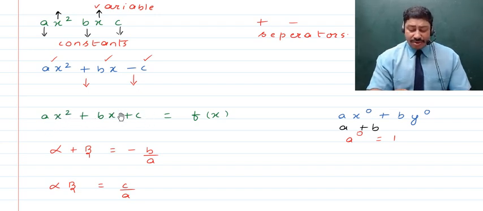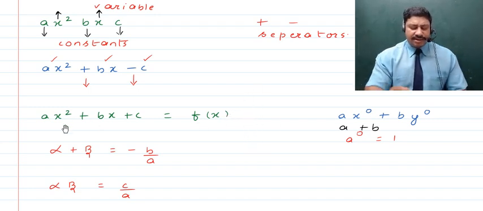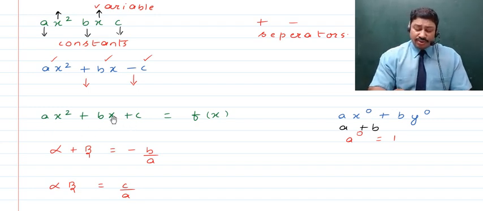Now in this quadratic expression we have 2 zeros because as is the power of the variable, that many roots or that many zeros we'll be having. If suppose the power of x would have been 4, then there would have been 4 zeros or 4 roots. Here thus this algebraic expression will have 2 zeros, or in other words it will have 2 values of x such that this expression can be made to be 0.